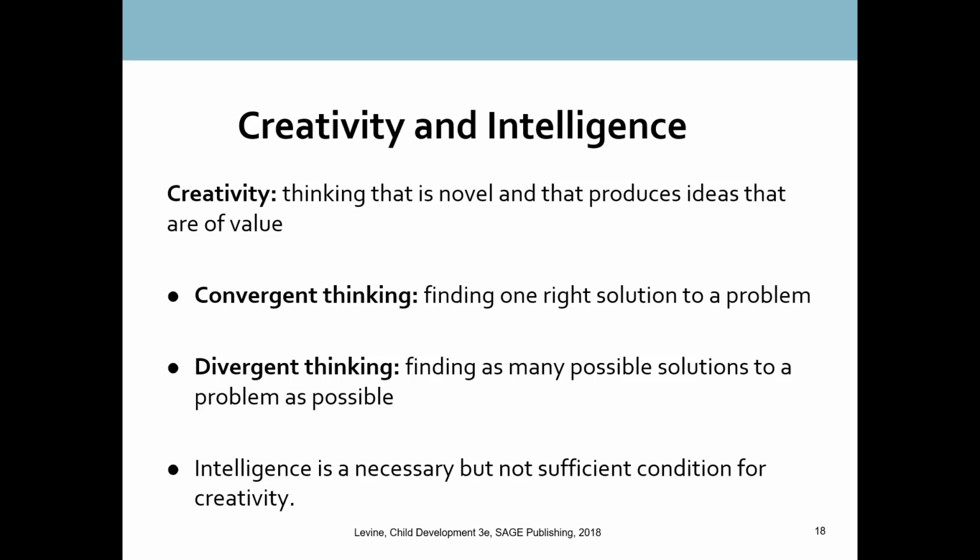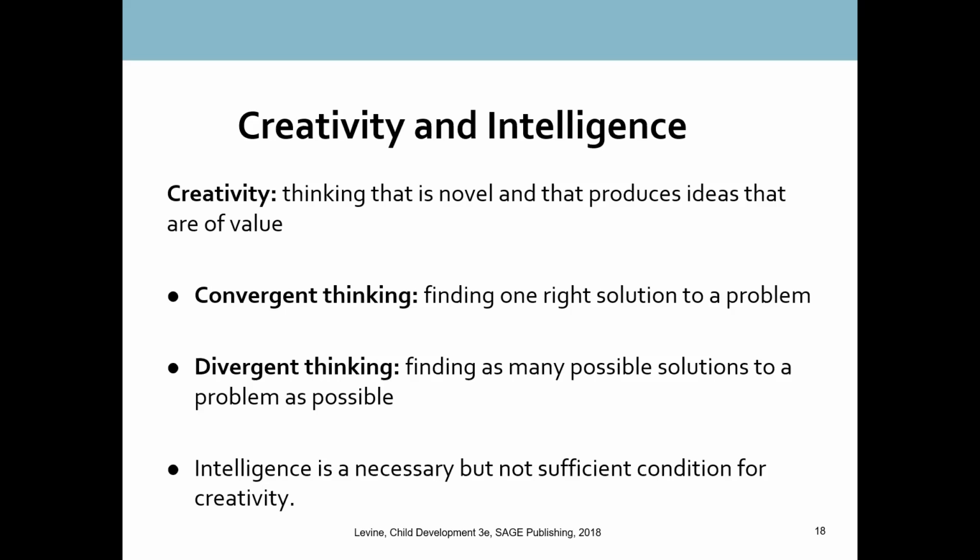Convergent thinking is when there's one right solution to a problem, and you have to try to pick out the right, correct answer, which is what, once again, we do mainly in school. When you're given a test item, there's one answer that the teacher is looking for, right? There aren't multiple possible answers.